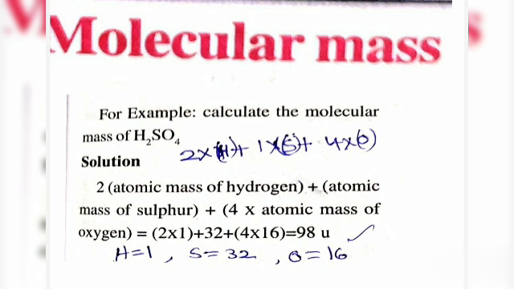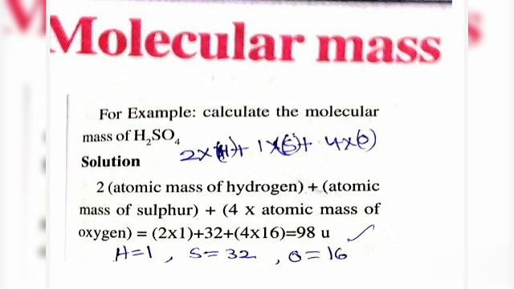So what is the atomic mass of hydrogen? 1. What is the atomic mass of sulfur? 32. Oxygen atomic mass is 16. Substitute these atomic masses in place of hydrogen, sulfur and oxygen.